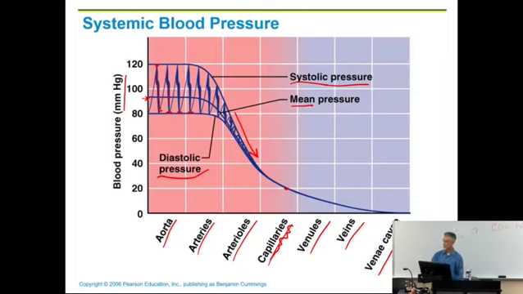So we're kind of protecting those capillaries by reducing the diameter of those blood vessels getting down to them. And notice we have no more pulsing as well. And then in terms of blood pressure, it continues to drop because we have more drag as we're going through these blood vessels. And as we get to those vena cavae, you can see it's almost zero, right? It's just barely got enough pressure to get it back to that right atrium. And now we're going to start generating it again.